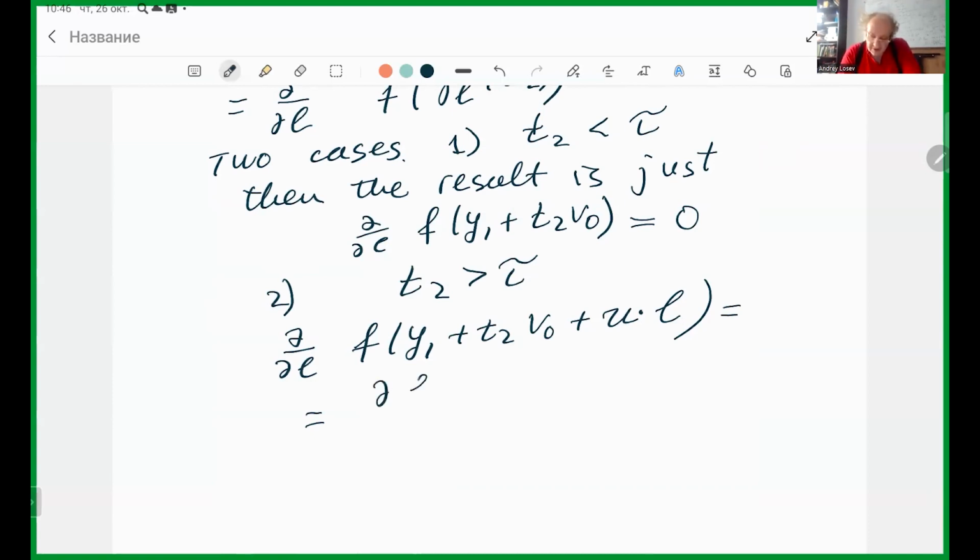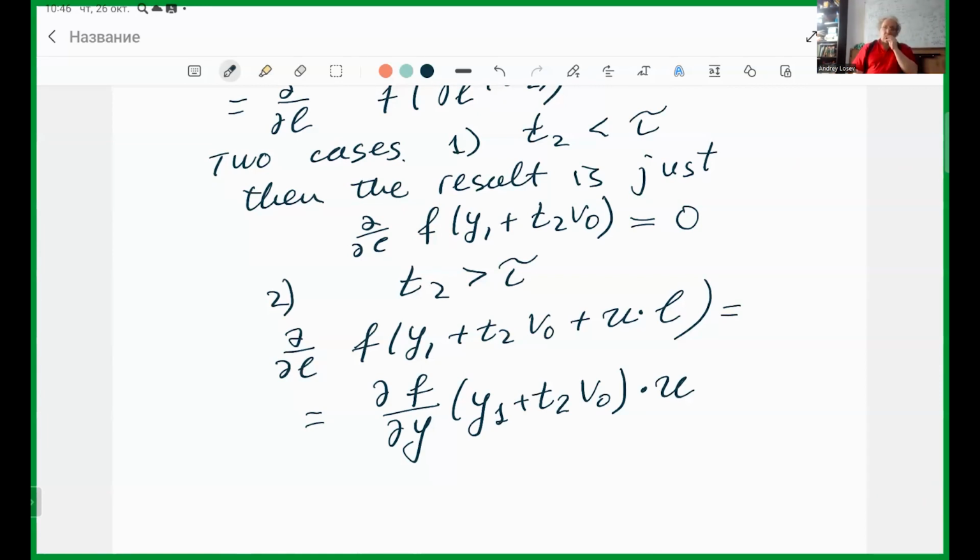And the answer is df over dy at what point? Times u. So we have a jump.